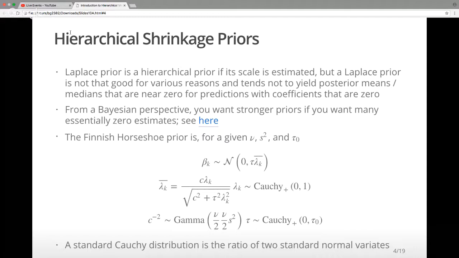Indeed, the median and the mean and the mode of the denominator is exactly zero. And anytime you divide some number by another number in the denominator that can be really close to zero, then the resulting ratio could be really negative, could be really positive, and the Cauchy distribution has that property.